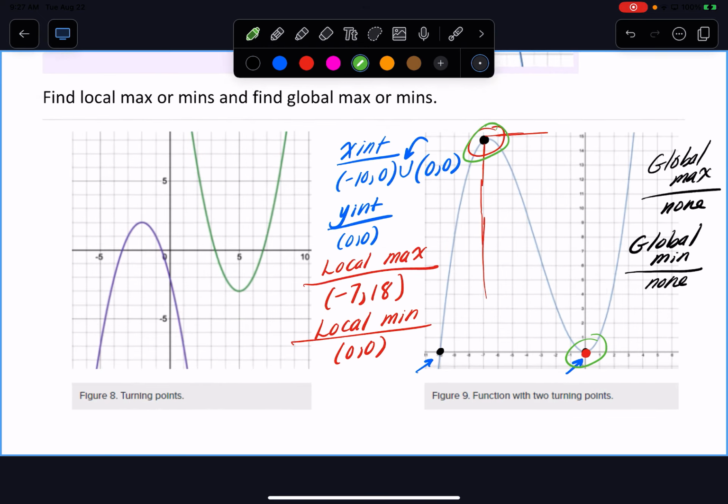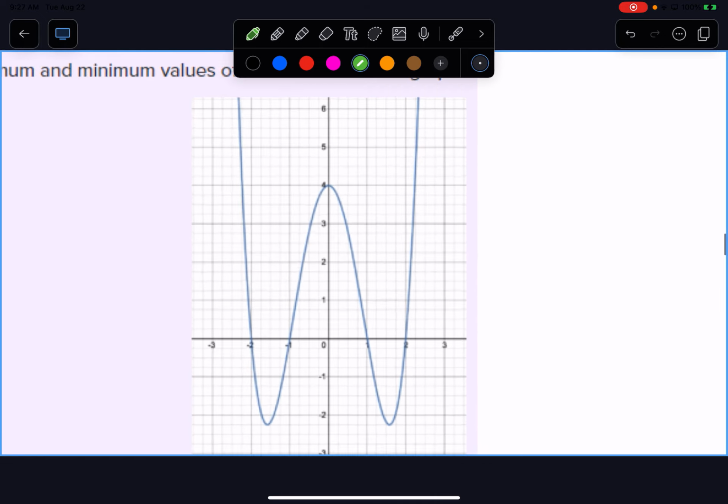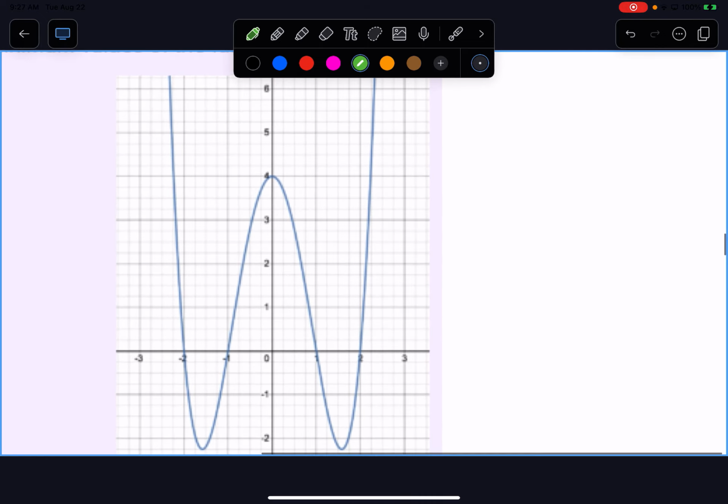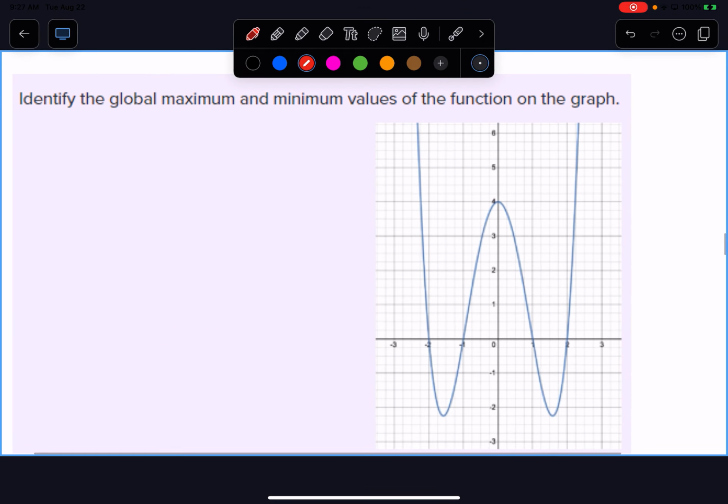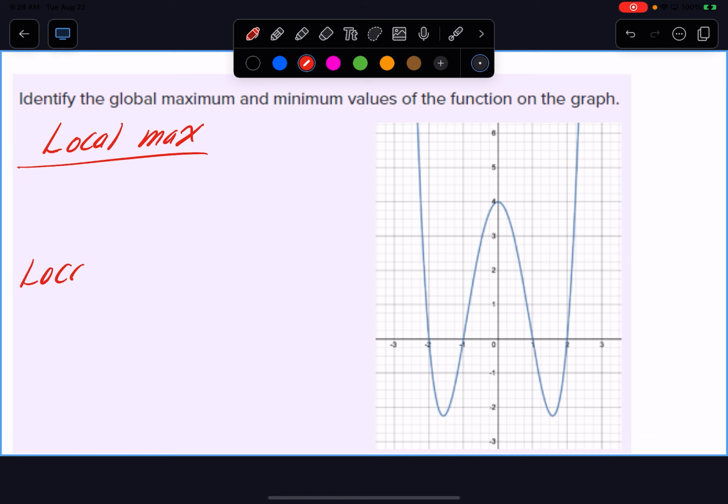Okay. So, right here's a better example. Let's just do the one thing that it's asking on these instructions. It says, identify the global maximum and minimum values of the function. I want to practice local max and local min. That means in the middle of the graph, is there a top of a hill and a bottom of a hill?